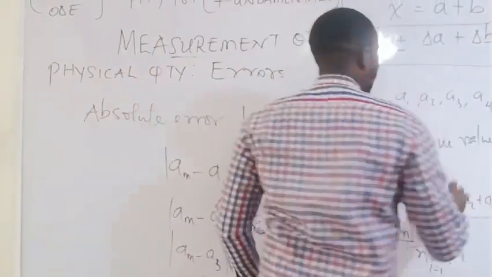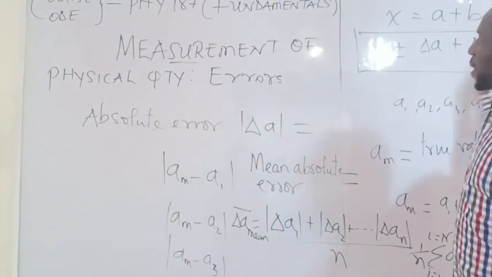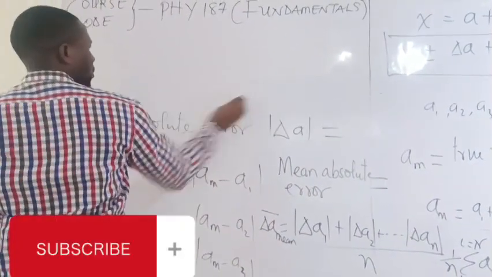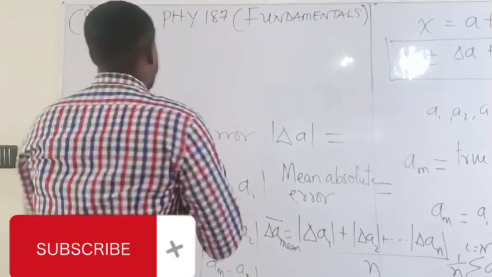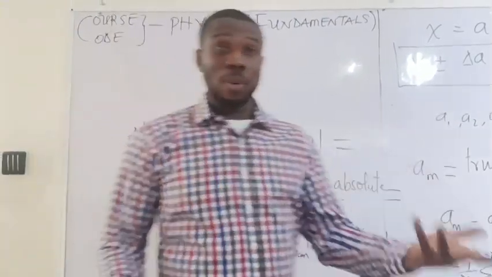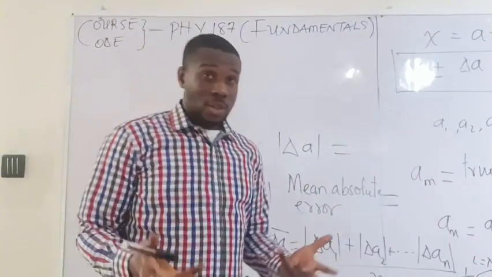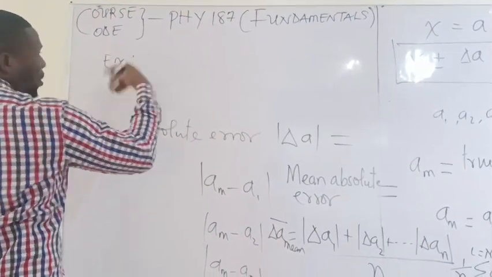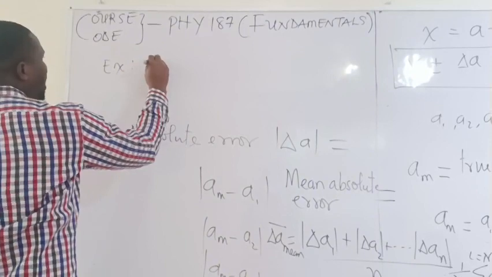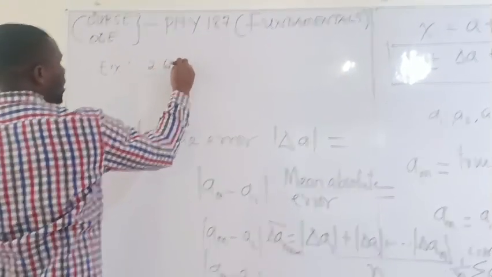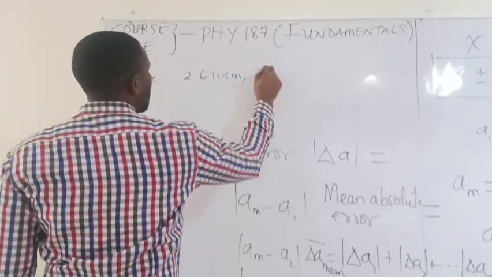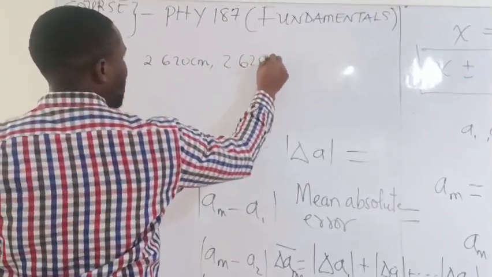So I could be more quantitative about this. For the first example, let's take for instance that the diameter of a lead ball was measured with a micrometer screw gauge, and the measurement was repeated. The first diameter was 2.620 centimeter. The other one is 2.625 centimeter.